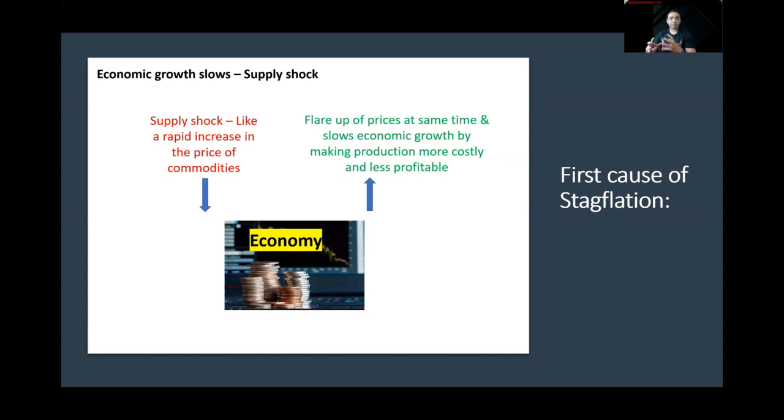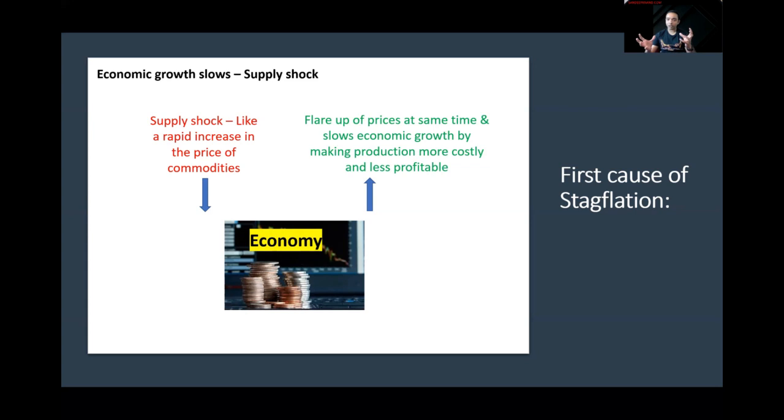It could be supply side constraints due to supply chain constraints. All of that can cause a rapid increase in the prices. And at the same time, it slows economic growth by making production more costly and less profitable for companies and the economy. So these go hand in hand.